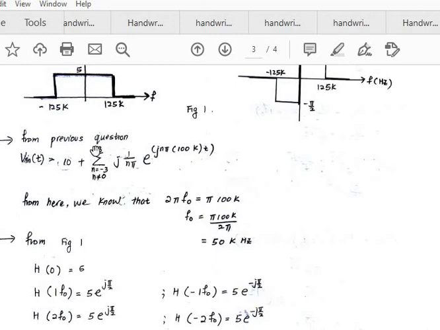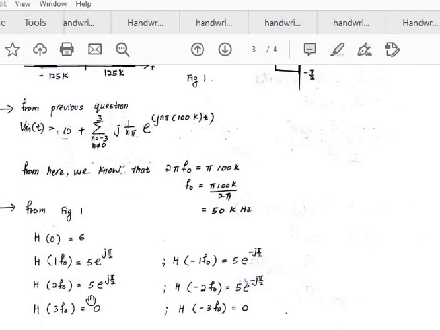The summation from -3 to 3, and you have this one, and n is not equal to 0. So you have n equal to 0 is 5, because it's a square wave. And then you have n equal to 1, 2, and 3.